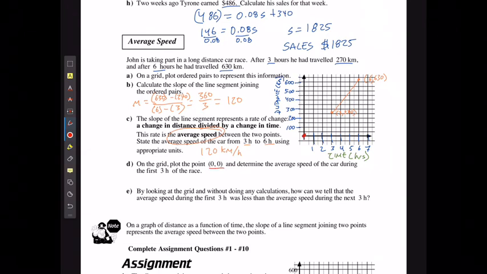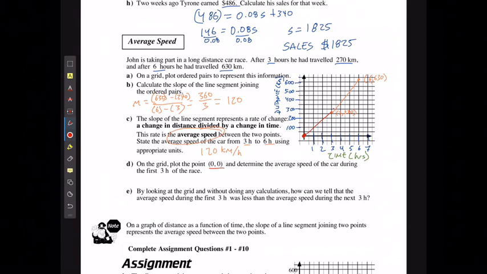Now it wants us to plot on the grid the point of 0, 0, and figure out the average speed of the car during the first 3 hours, so connecting to here. And we can see that it's going to be pretty similar to, but a little bit off of, what the slope is in the second step.